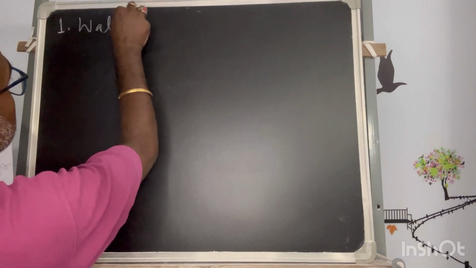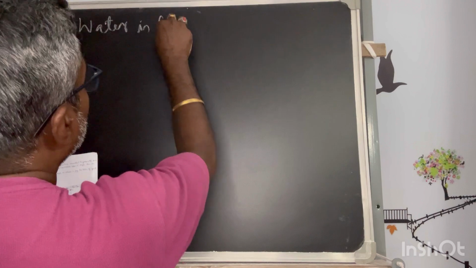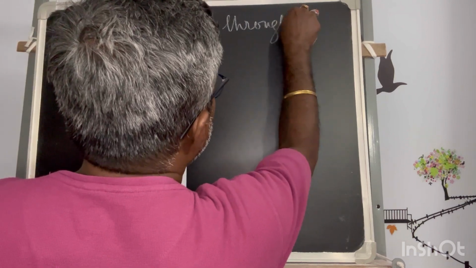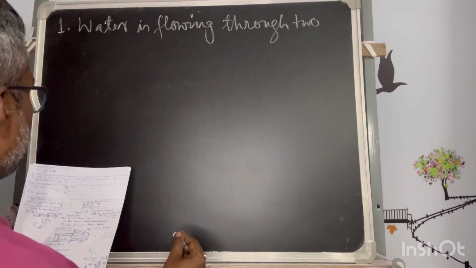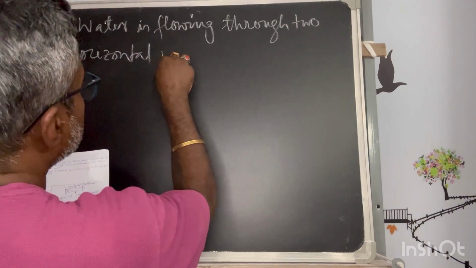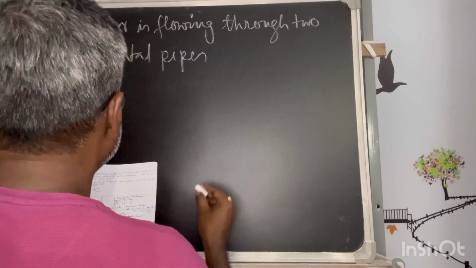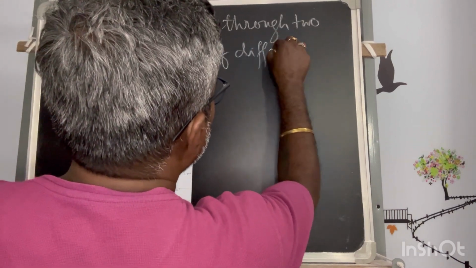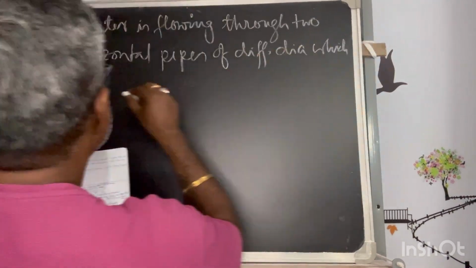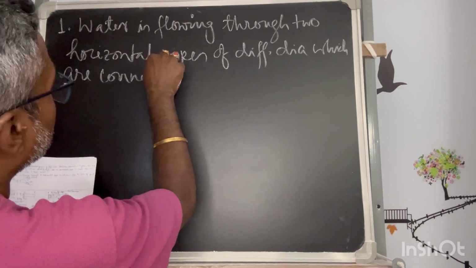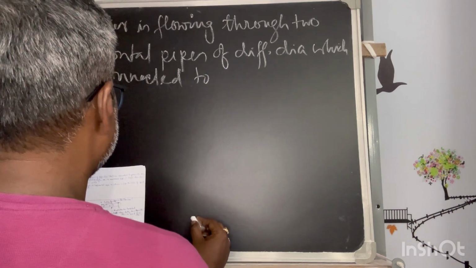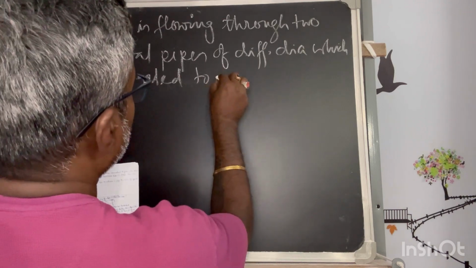Water is flowing through two horizontal pipes of different diameter which are connected together.